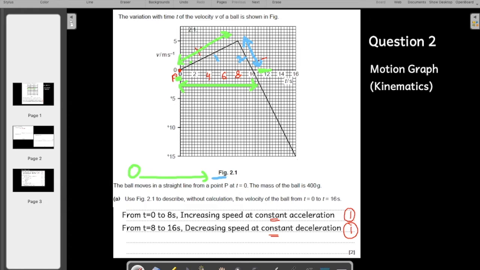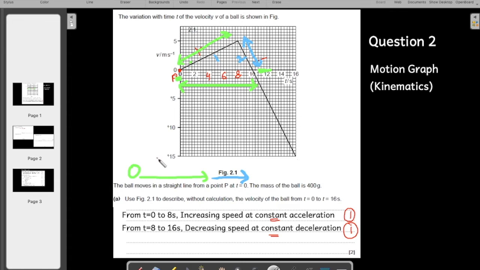For the second part as well, it is moving ahead, but with a decreasing speed. The speed is going down, but it is still moving ahead because all the velocities are positive. If you see, all the velocity on this line, they are positive. That means the velocity is in the same direction.